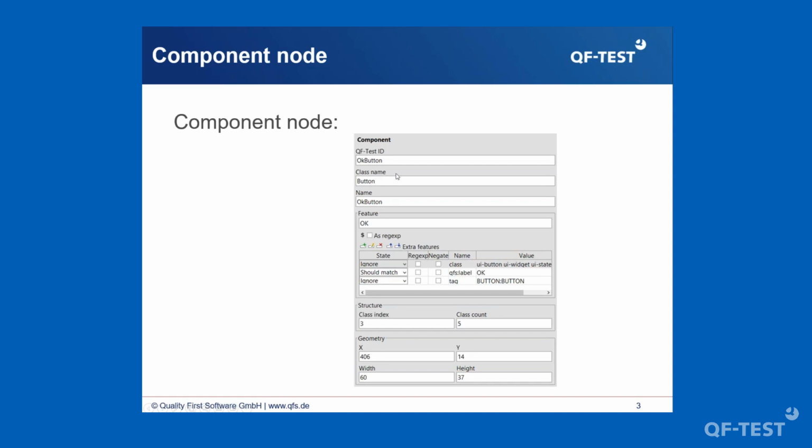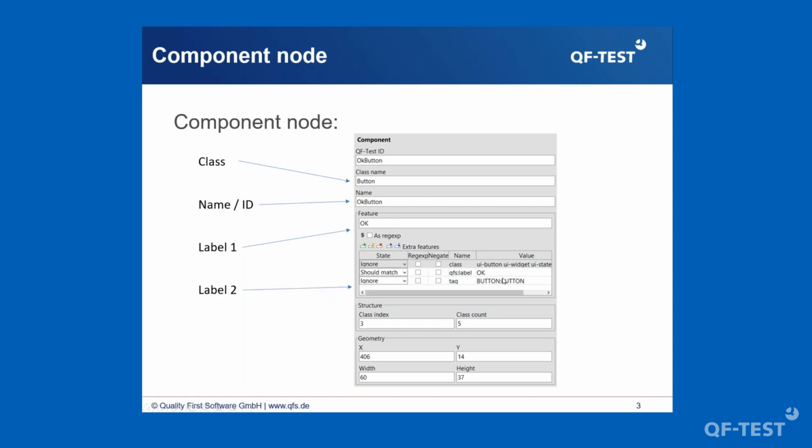So what have we got? We got the class, then the name or the ID of the GUI object, then the direct text associated with a component, like the text on a button.